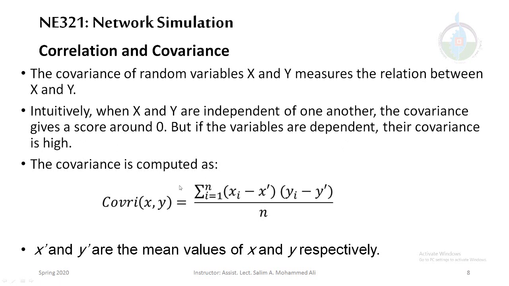It's computed with this equation, the mathematical expression of covariance between x and y: the summation over all elements of x and y of the product of x minus the mean value of x and y minus the mean value of y, divided by the total number of values.